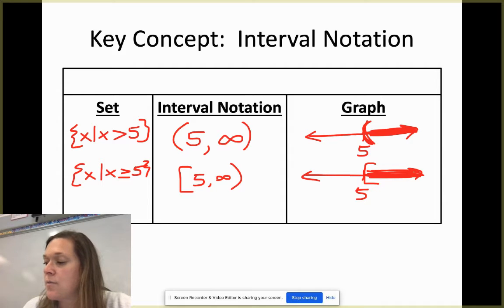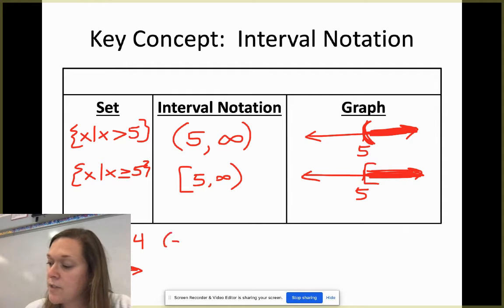All right, so let's do some quick practice to see if we got this topic down. If I had to do x is less than or equal to 4, in interval notation, so what does that graph look like? Well, here at 4, it would be a square bracket, shading to the left.